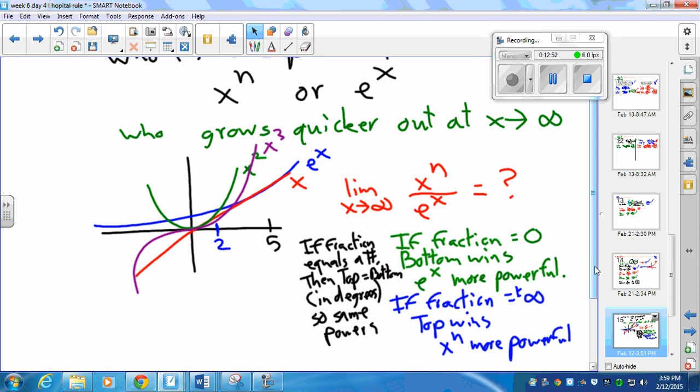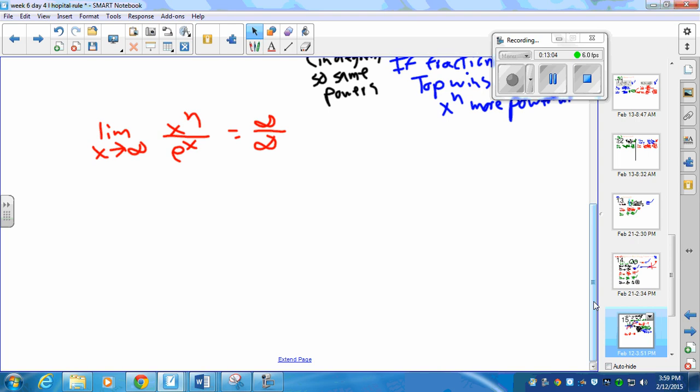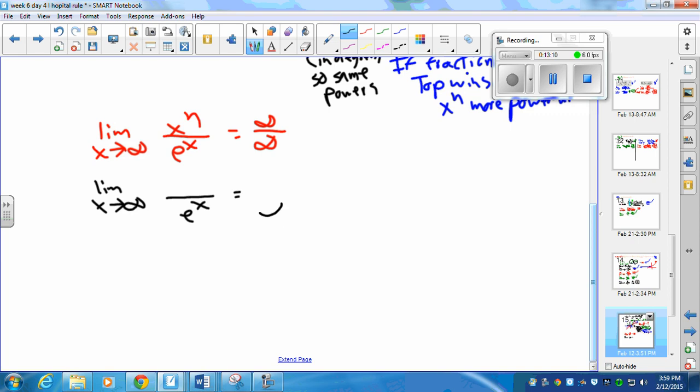Well, if you look at this problem, limit x goes to infinity of x to the n over e to the x. If you plug in, you get that, so you can use L'Hopital. Bottom stays e to the x, meaning the bottom is always going to be over infinity.